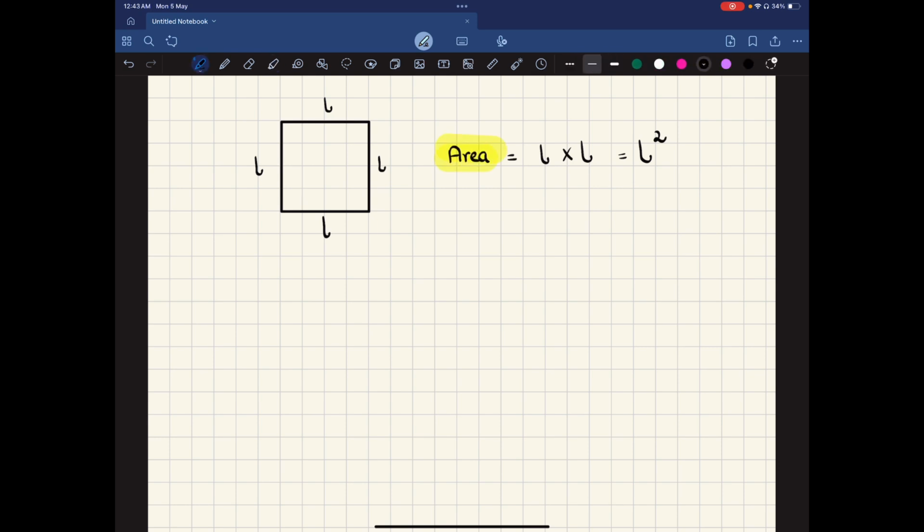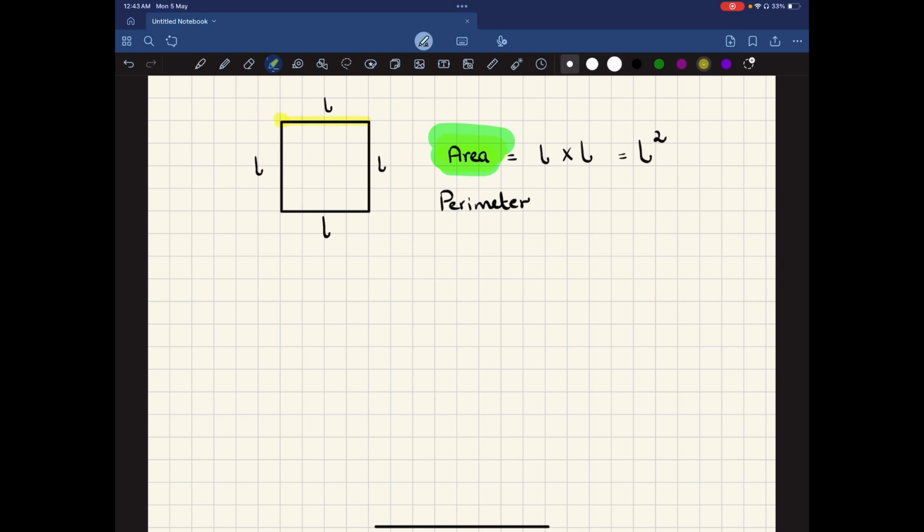As far as the perimeter is concerned, students tend to memorize the formula for perimeter as well, but I would recommend that you simply make a dot and start tracing the shape from one corner.